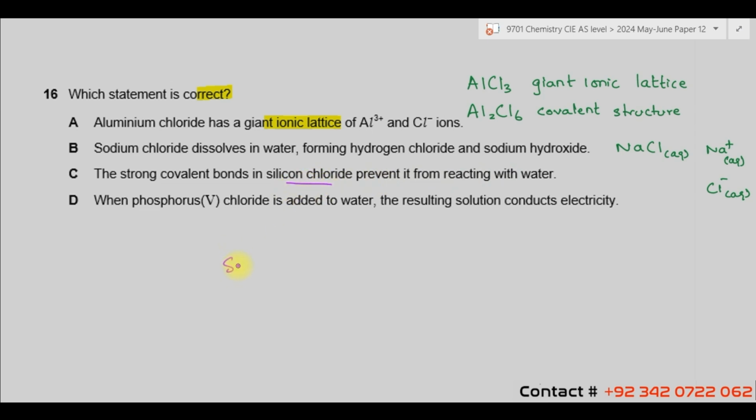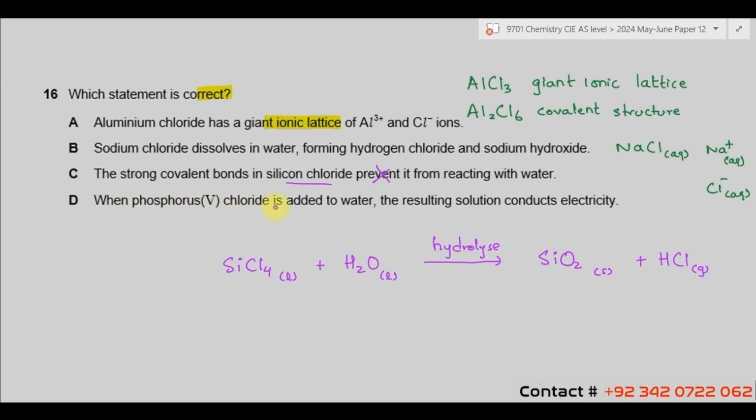Silicon chloride is SiCl4. It is a liquid. It can react with water and get hydrolyzed. So SiCl4 hydrolyzes to form silicon dioxide and HCl gas. So this is wrong.